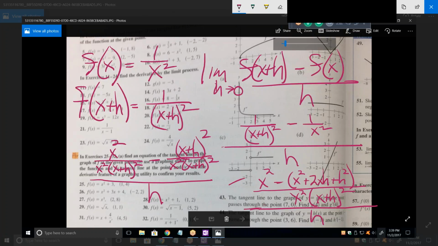You see how that works? In other words, that x squared is going to be lost by that x squared. You do have to apply this negative sign to every other term. So that becomes a minus 2xh, and that becomes a minus h squared. Now I can get rid of that.